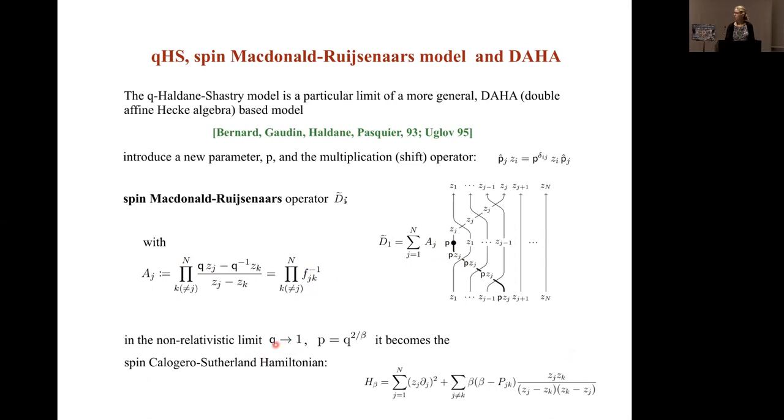So when q and p go to 1 with this particular relation kept valid, you get back the Calogero-Sutherland Hamiltonian. So again, there is some freezing when you send beta to infinity. Beta to infinity means that p goes to 1, irrespective of q. That's when the particles freeze to their equilibrium positions, and then you get the q Haldane-Shastry model.